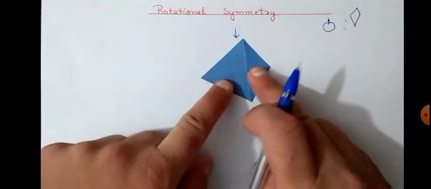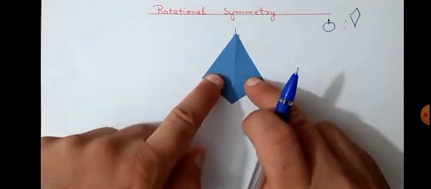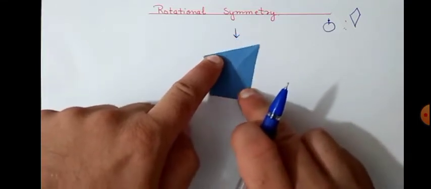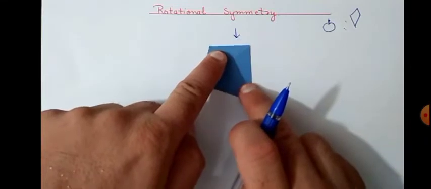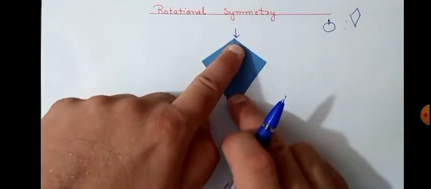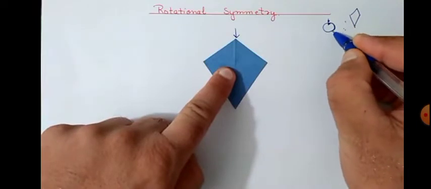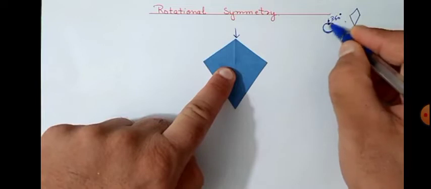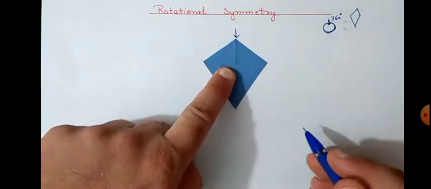See, when you get the same figure, that is its rotational symmetry. Can we get the original one? At 270? Now 360 is complete. So after moving 360 degrees, we get the same figure.